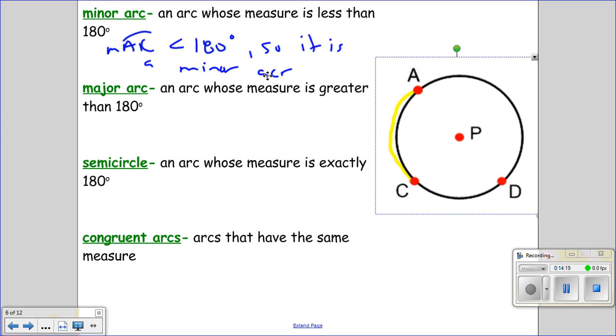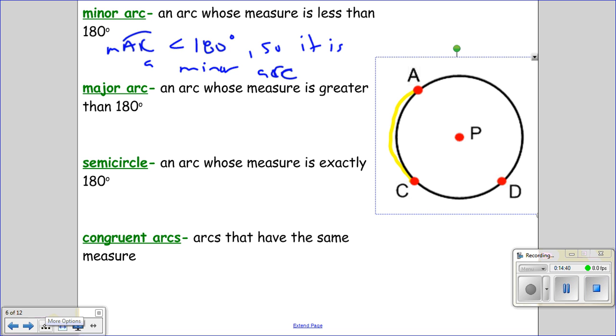Oops. That's supposed to be R, and this is supposed to be a C. Now, a major arc has to be named with three letters, without a doubt. A minor arc can be, but it doesn't have to. But a major arc must be named with three letters.